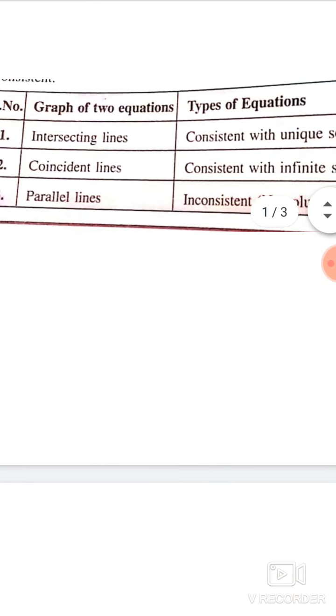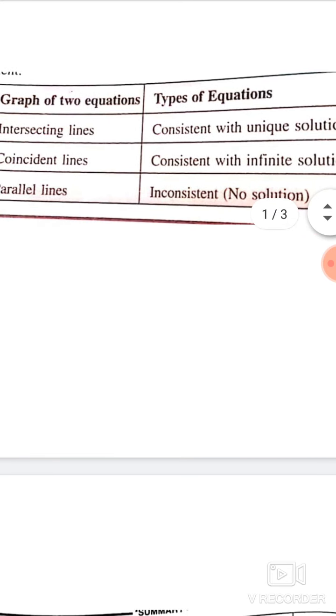In short, the conclusion is whether the equations are consistent or not. If the lines are intersecting, then the equations are consistent with unique solution. If the lines are coincident, then the equations are consistent with infinite solutions. If the lines are parallel, then the equations are inconsistent.